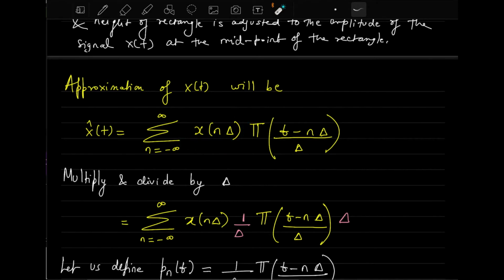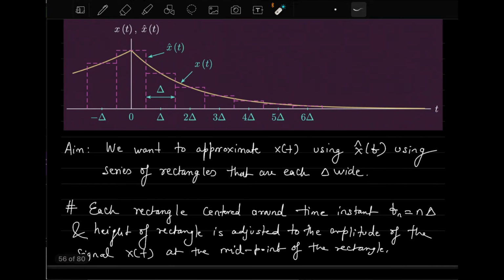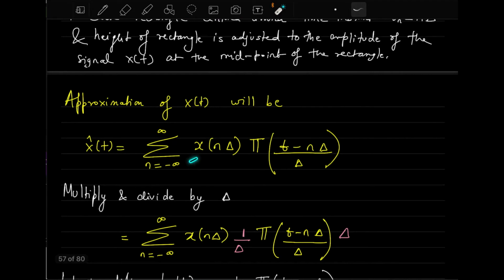And why is it x(n delta)? Because we said that the amplitude is lying on the n delta step, and that is basically the original signal having the amplitude at n delta. So that's why it is scaled by x(n delta) here.